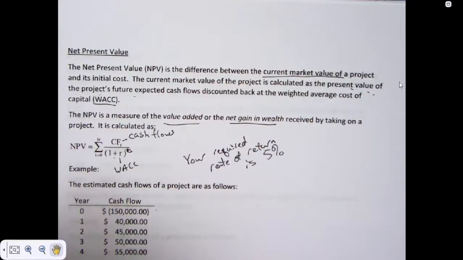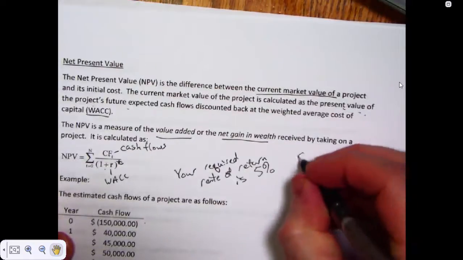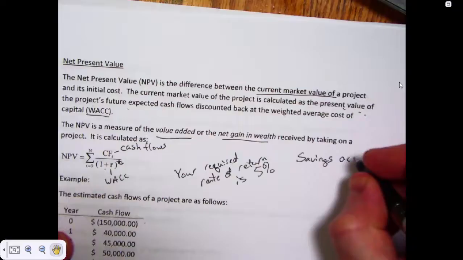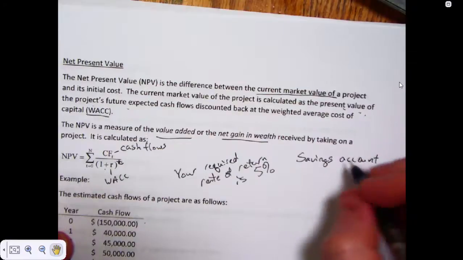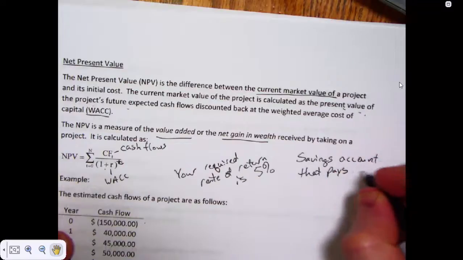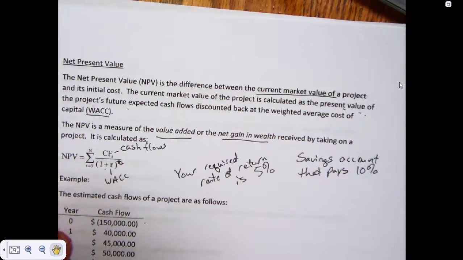And let's say that you find a savings account that pays 10%. So you really can't find that, at least in the US right now. You'd have to go to another country where the inflation rate is very high to get a savings account paying 10%, but let's pretend like we can.